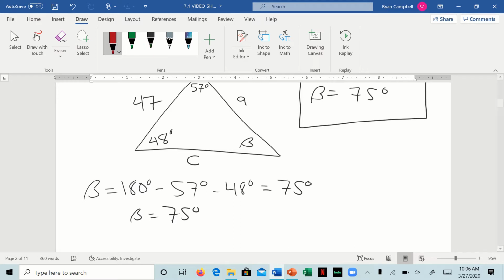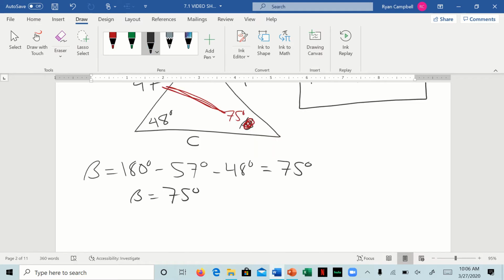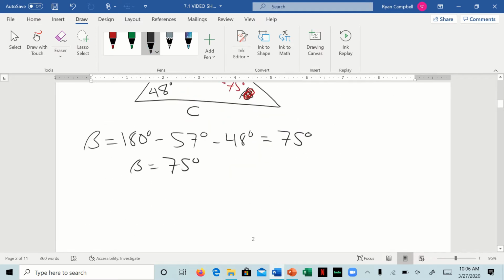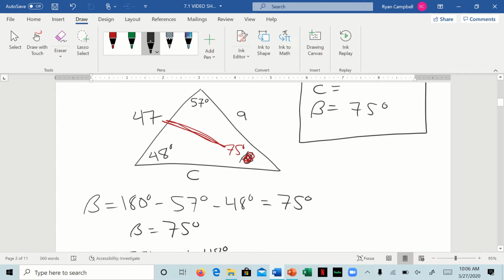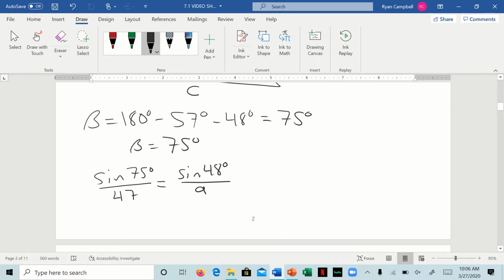Now that we know that beta is 75 degrees, we see that across from it we have 47. So we can use either right now. So let's just do sine of 75 degrees over 47, that's beta and B, equals, let's try to find A, sine of 48 degrees over A. So 48 is alpha, so that's across from A. So this ratio should work out.